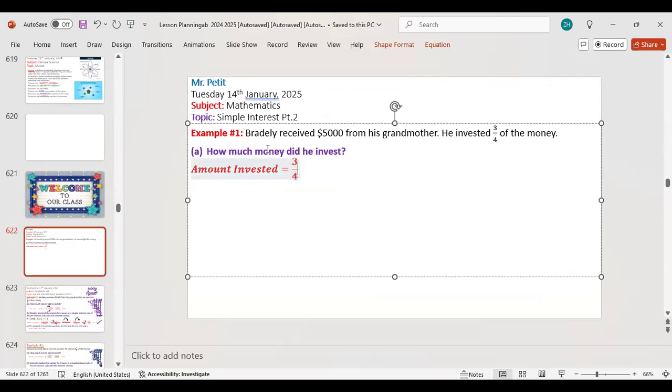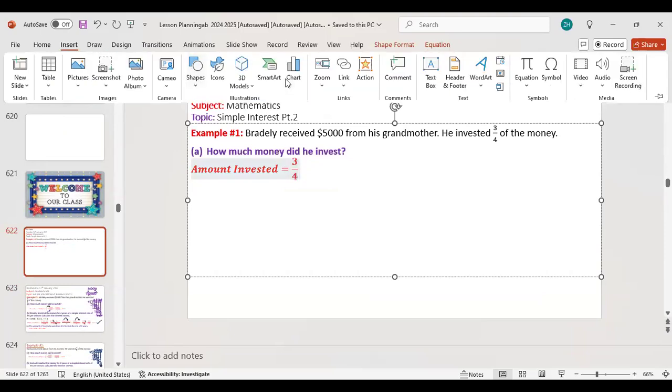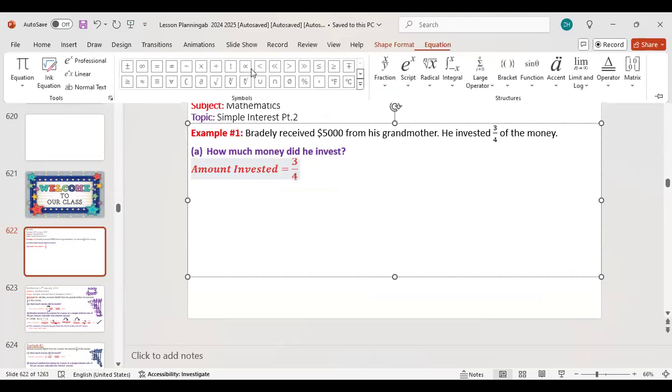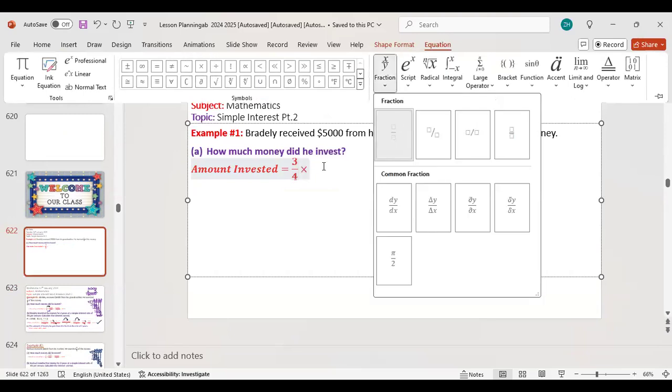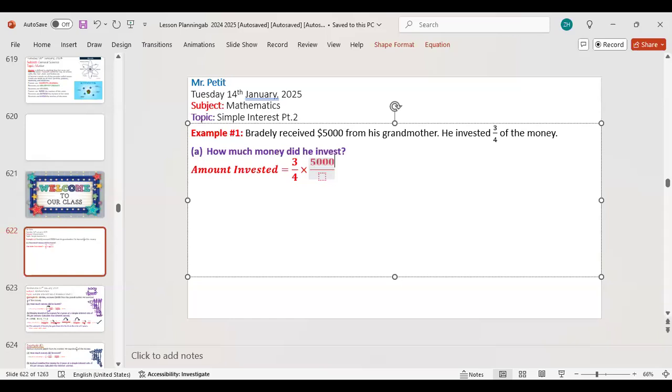And then I'm going to multiply it by 5,000. 5,000 over what? Over 1. That's 5,000. Yeah, there we go.